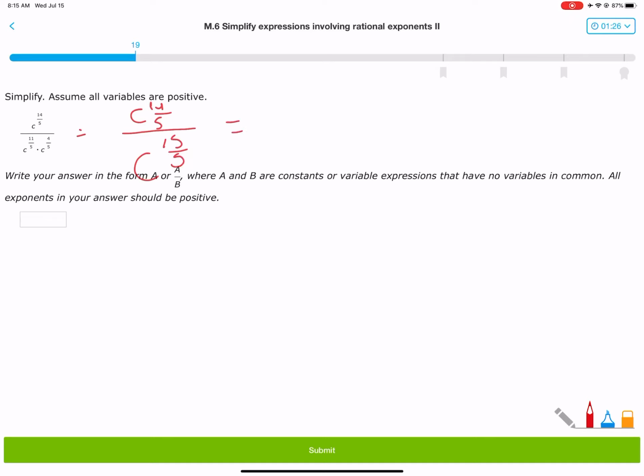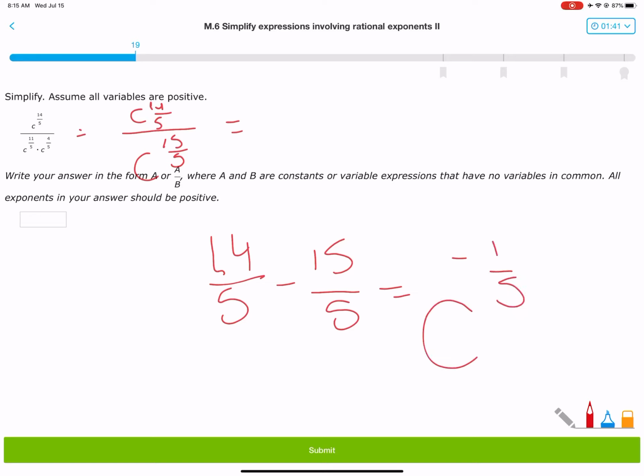Okay, and then we're going to subtract the exponents. So 14 over 5 minus 15 over 5 is negative 1/5. So we're left with c to the negative 1/5, which is the same thing as 1 over c to the 1/5.